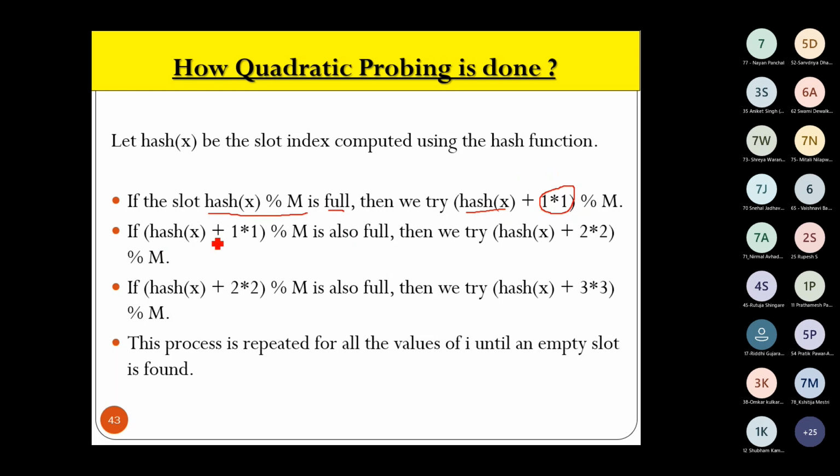If the location we moved to by 1 square is also full, in that case we will move ahead by 2 square locations.